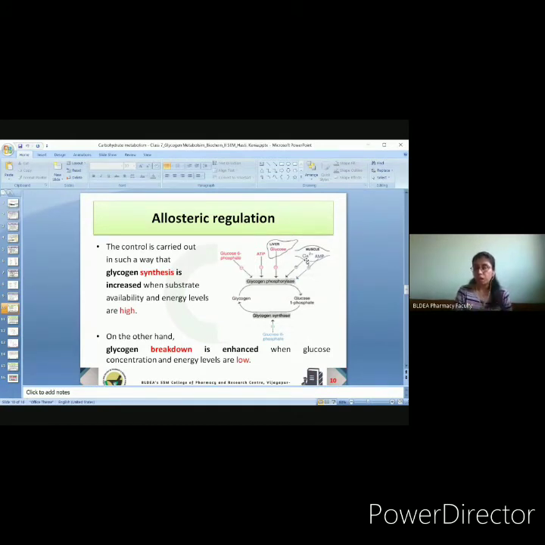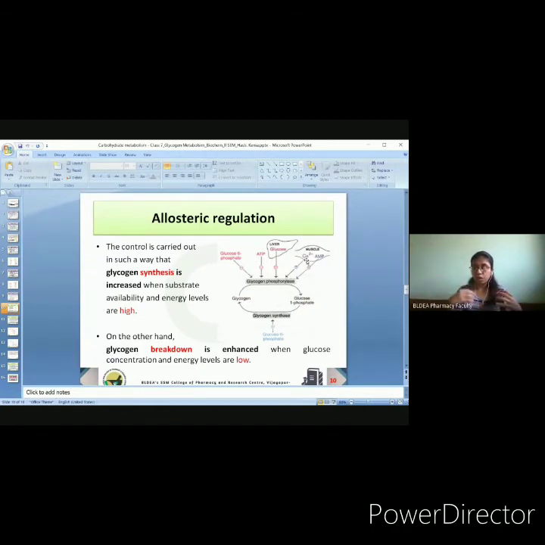Now this breakdown occurs when the glucose concentrations are low as well as energy concentrations are low in the body. This takes place particularly during fasting conditions, or also during nocturnal conditions. After having your meal at night in the dinner, there is a long gap, right?